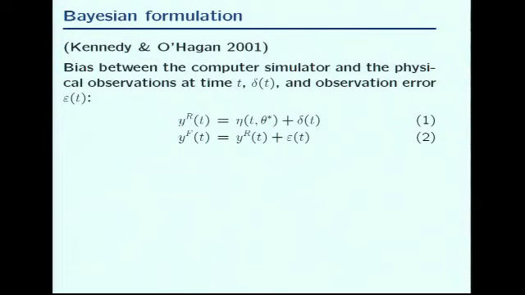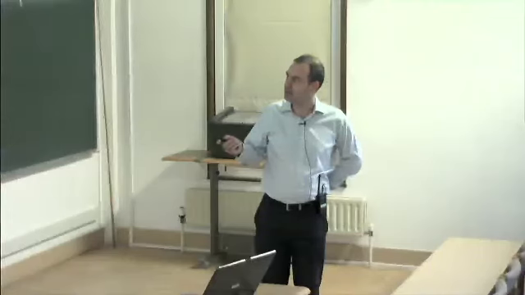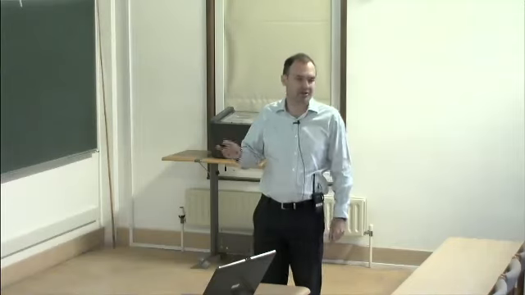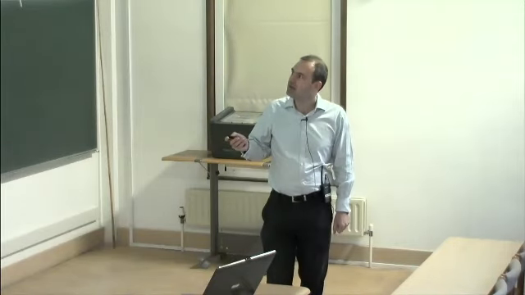Here the reality is the model outputs at the same times with this theta star, which is not the true value, but the best value, kind of. We hope that it's the true value of these parameters, if the model represents reality, plus a bias.